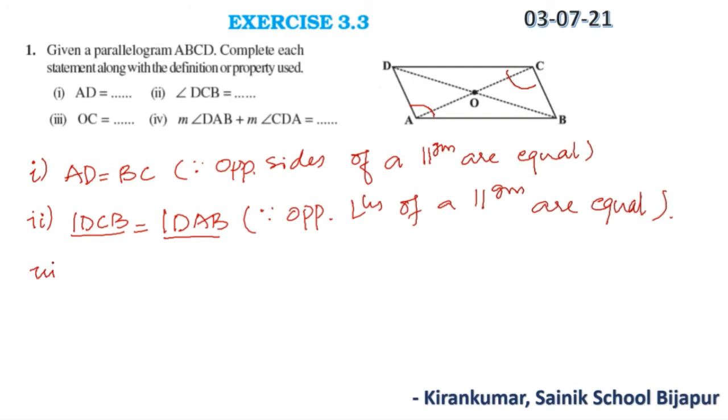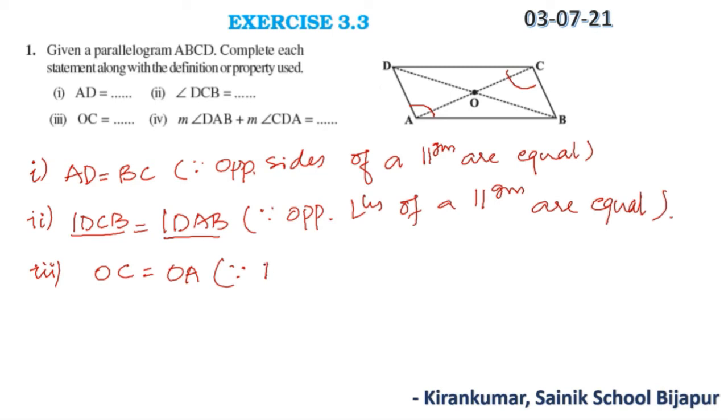The third sub-question, OC will be equal to, OC is a part of the diagonal AC. Here, this part OC will be equal to the part OA. The reason is the diagonals of the parallelogram bisect each other.